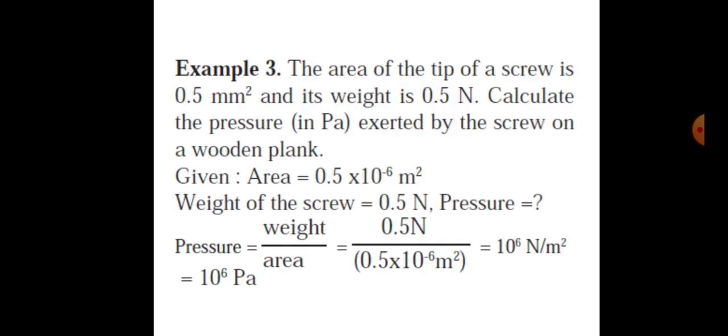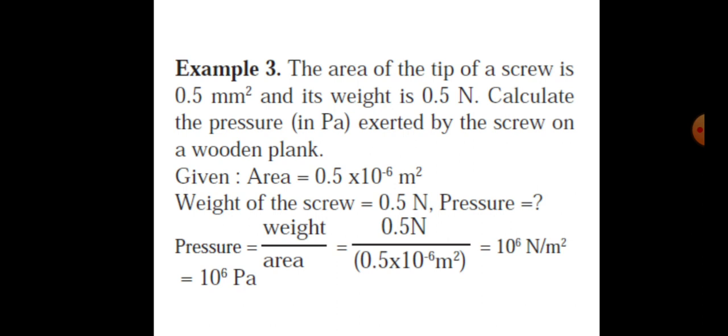Example number 3. The area of the tip of a screw is 0.5 millimeter square and its weight is 0.5 Newton. Calculate the pressure in Pascal exerted by the screw on a wooden plank. Area is given as 0.5 millimeter square. Now we have to convert millimeter square into meter square. 1 millimeter square is equal to 10 raised to minus 6 meter square.